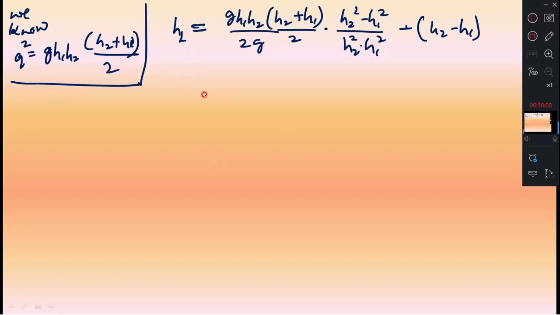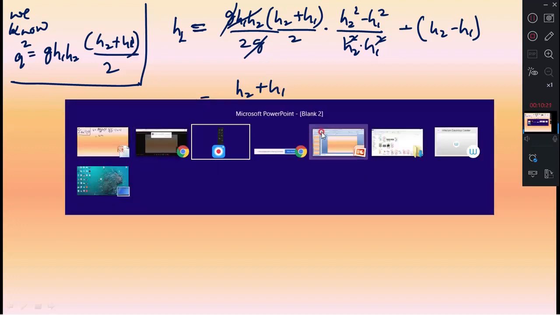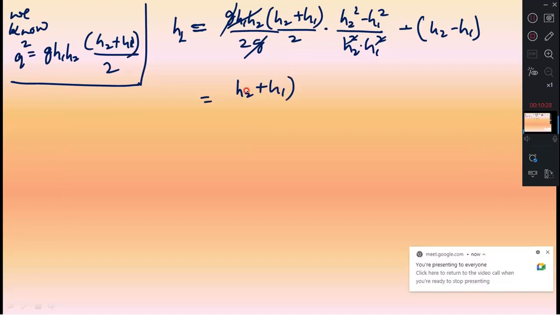No doubt. Then we will cancel some terms. G cancels, then H1, H2 cancel once, this H1, H2 and H1, H2 cancel. Then at the top what is left is H2 plus H1, and this we will skip. A square minus B square means what?